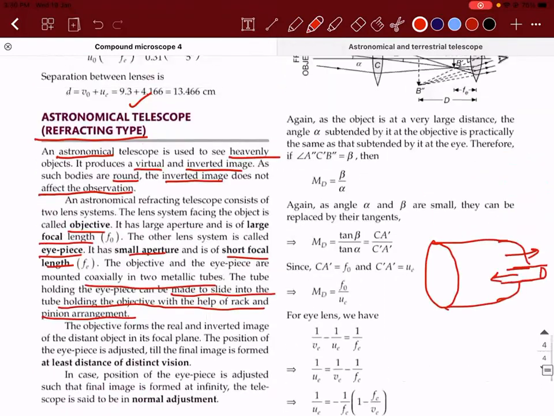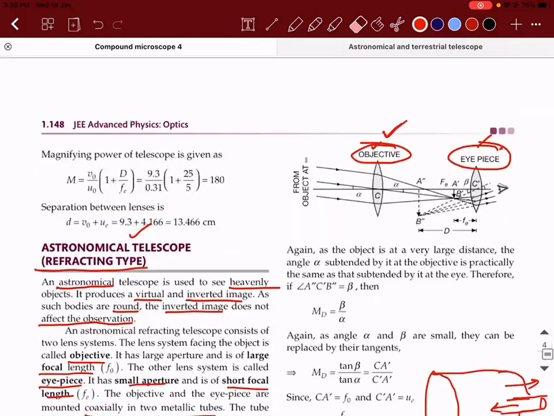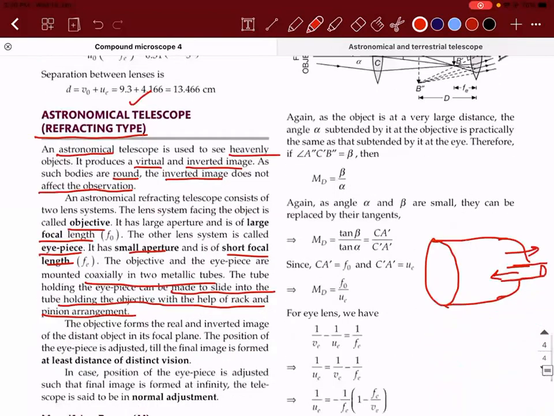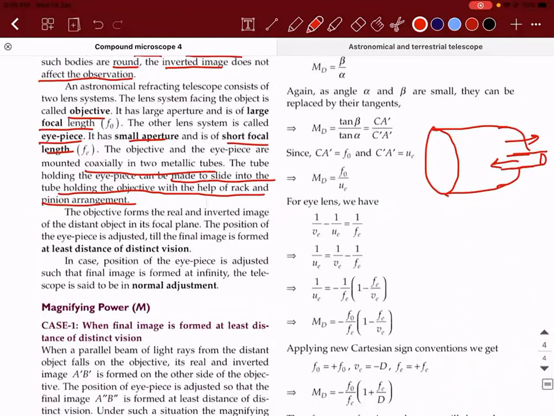So the logic is again simple. Why are we using two lenses? Why can't we use a single lens? Because you use one lens to create a real image, and that real image acts as an object for the secondary lens, and the secondary lens produces a magnified image. The objective forms the real and inverted image of the distant object in its focal plane.